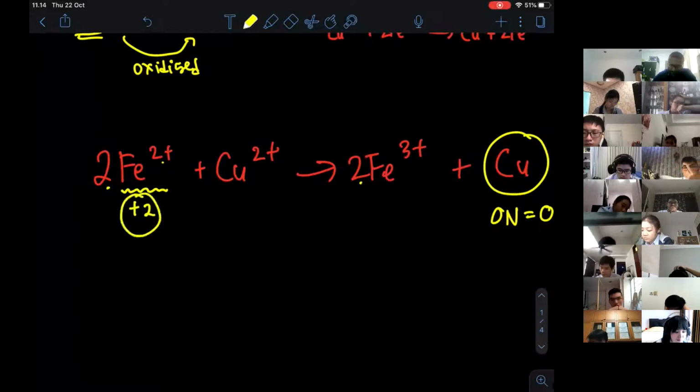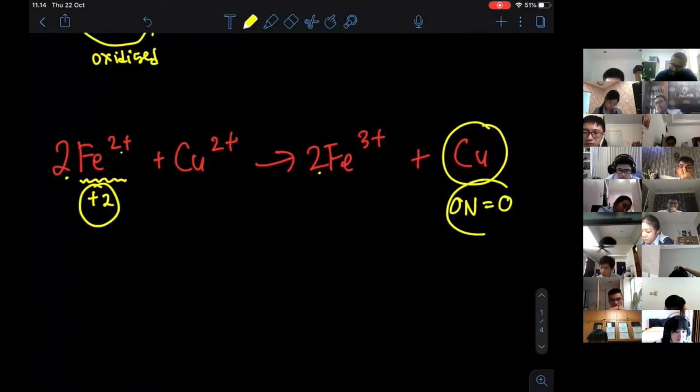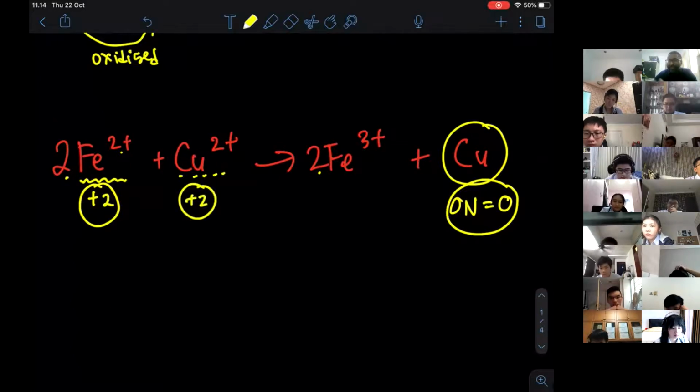This one's oxidation number is 0. How about Cu2 plus? Jasmine, what is the oxidation number? 2 plus. It's supposed to be +2. You just need to change it a bit. The ion we say 2+, but the oxidation number is +2. So what is the oxidation number of this, Sharon?